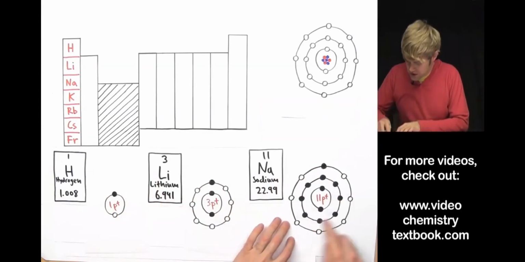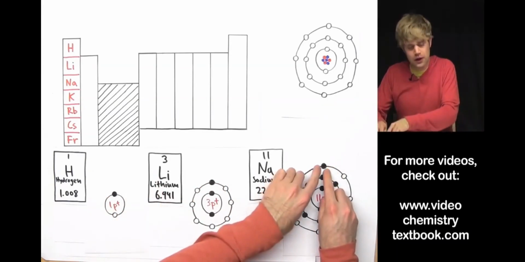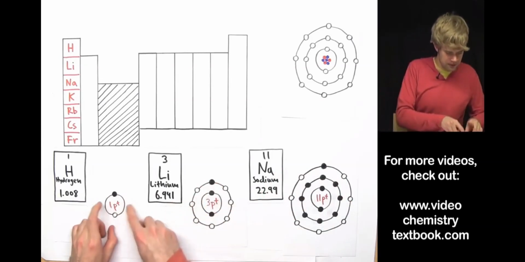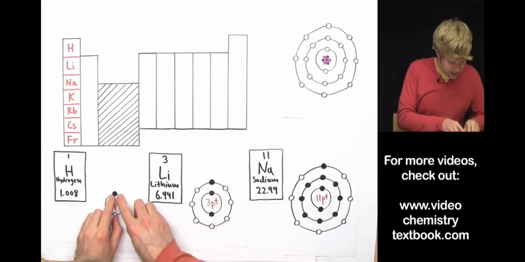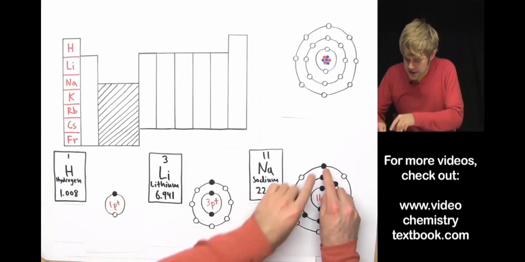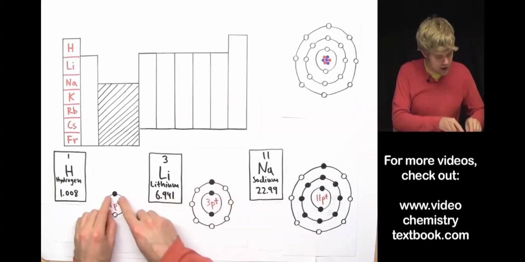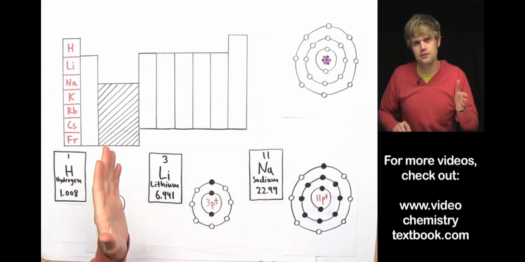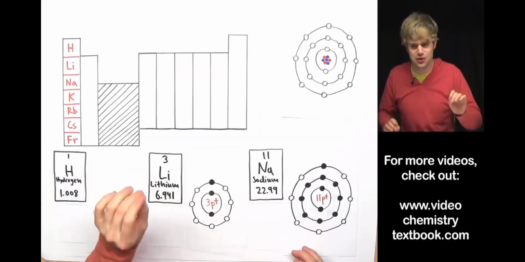Okay? This one's full, but then there's just one here. This one's full, and then there's just one here. And then hydrogen here only has one energy level, and it just has one electron in it. These electrons, 1, 1, and 1, these are the valence electrons, the most important electrons in an atom.